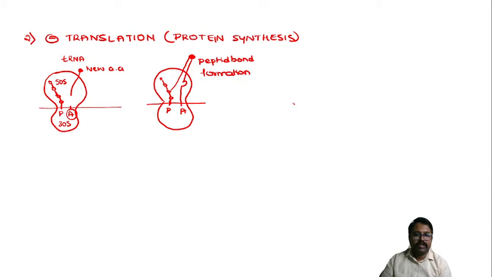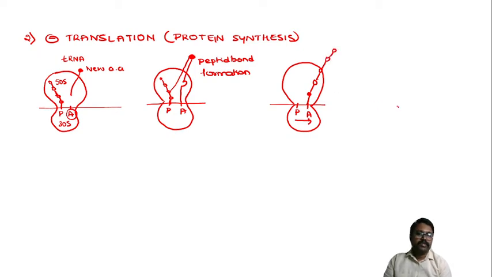Following that, the peptide chain which is formed will be shifting from P to A site. So this is the new peptide, along with the nascent peptide attached.